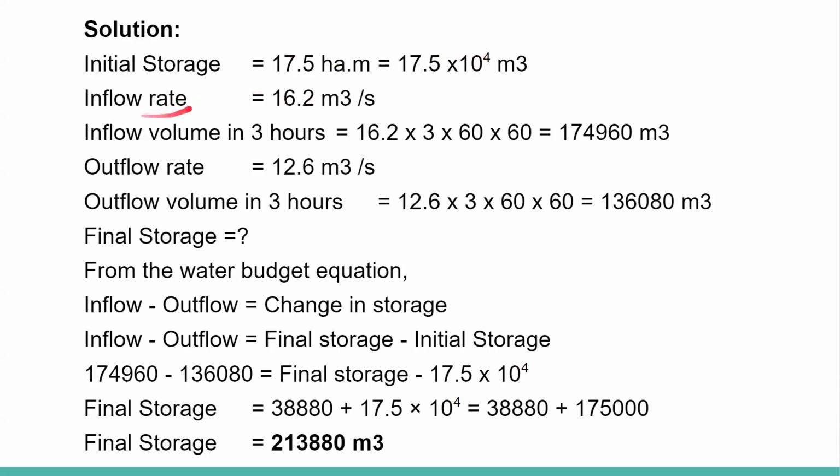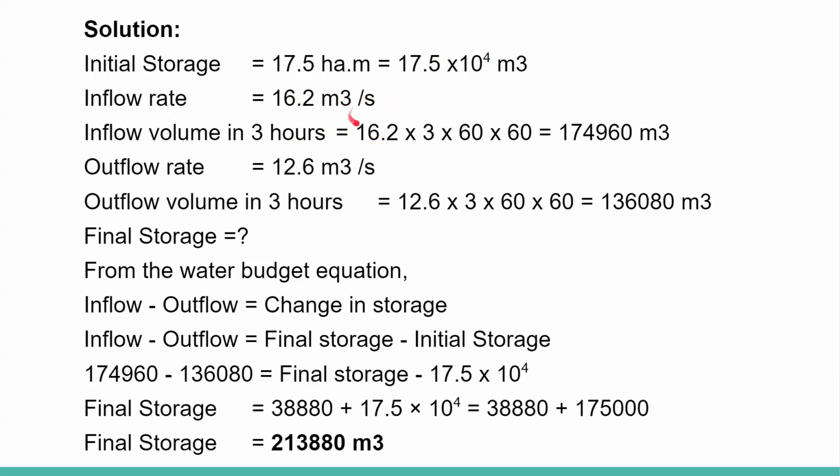Now what is given is the inflow rate. It is not the inflow volume, inflow rate. In order to standardize these two, we multiply this term with the time so that we can get the inflow volume. And the time given is 3 hours. So inflow volume will be this 16.2 into 3 hours.